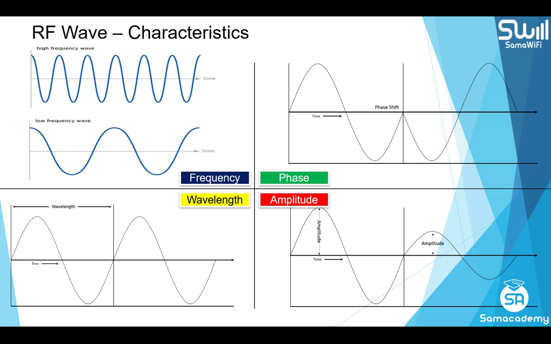So far, we have been talking about one of the aspects we mentioned at the beginning, range. Now we are going to learn about the other aspect, data rates, and how they are obtained. To do so, we need to understand radio frequency waves. The first step is to understand waveform characteristics.